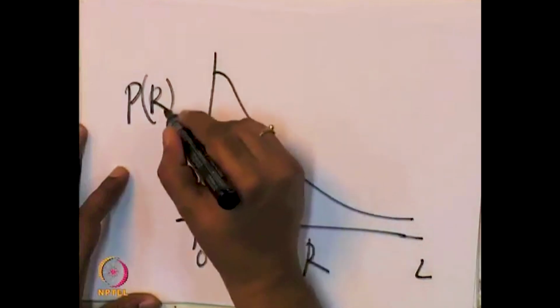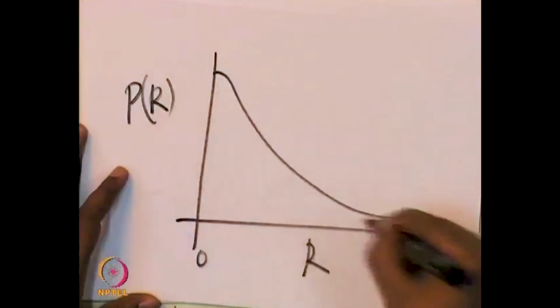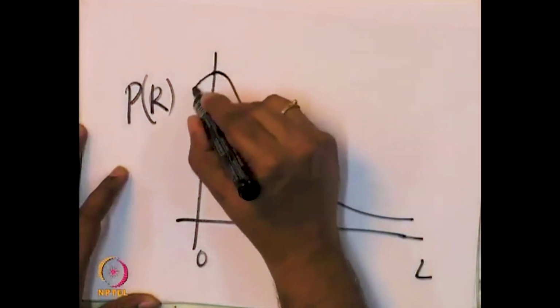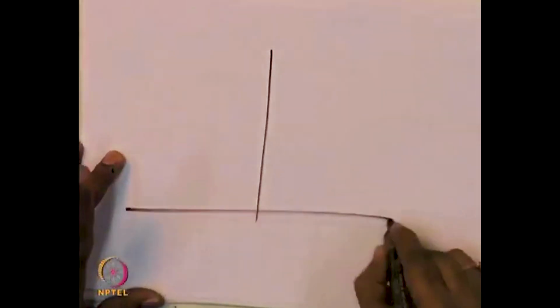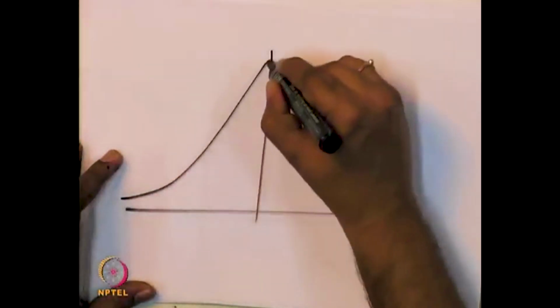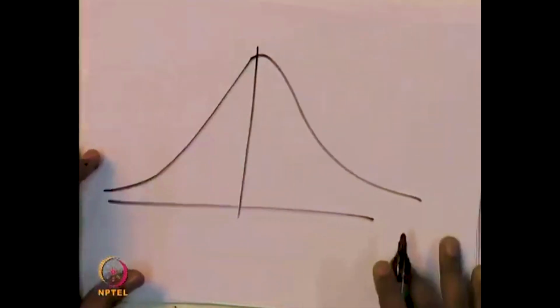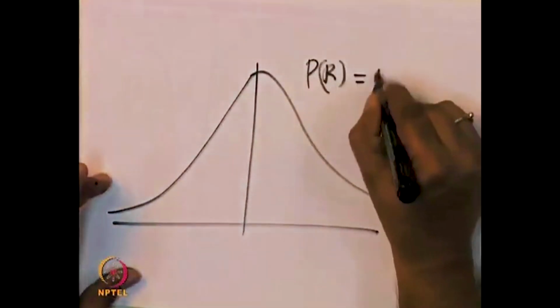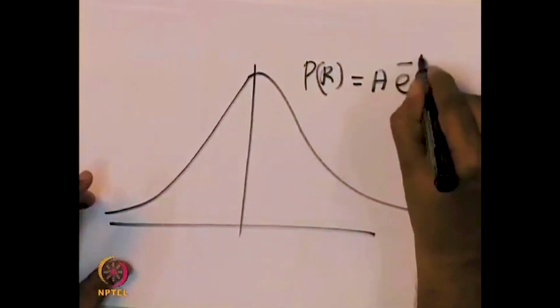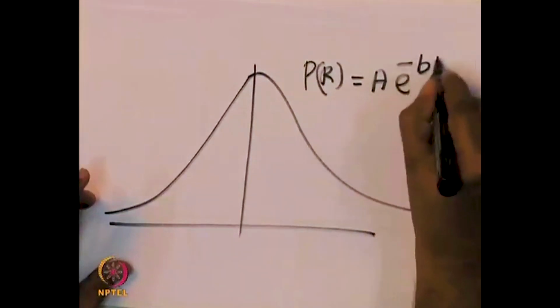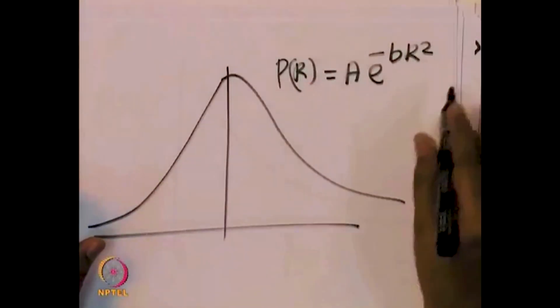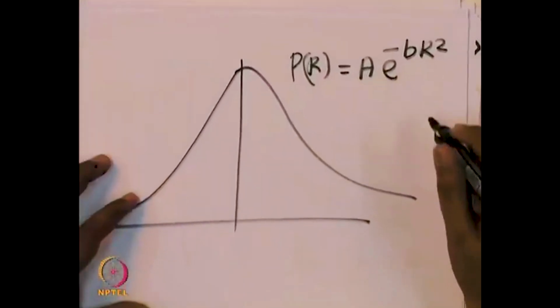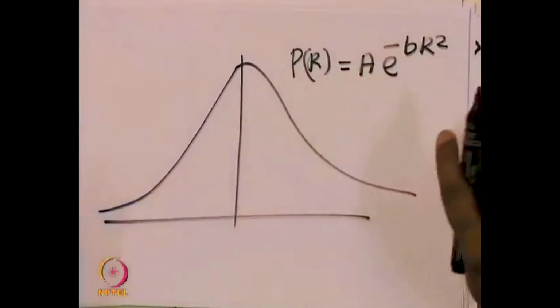So, this will have the shape of a Gaussian. If you draw it properly, P of r has a e power minus b r square. So, it will have this shape of a Gaussian, and we know the standard deviation and average.